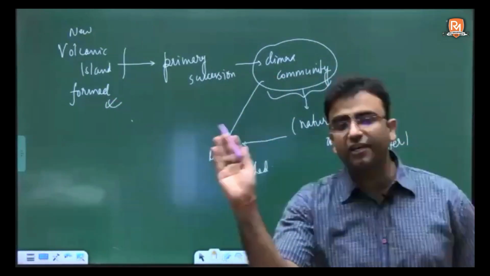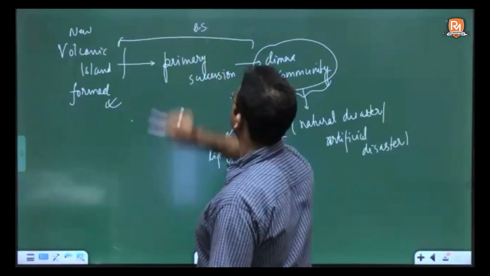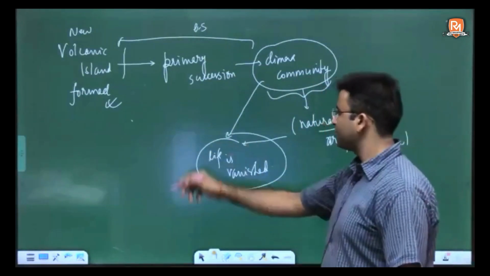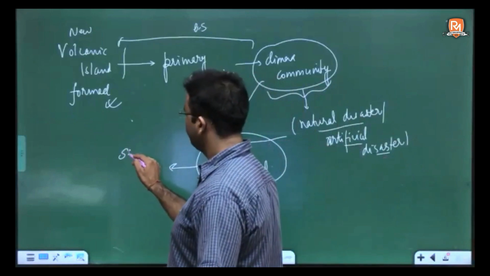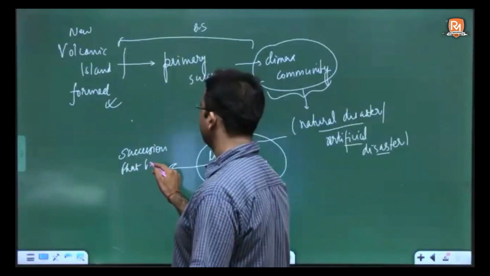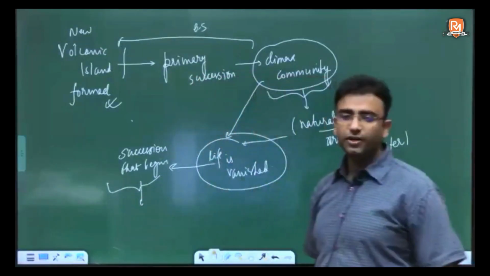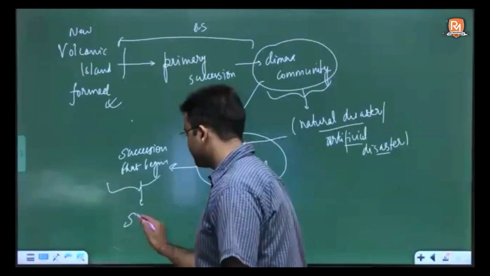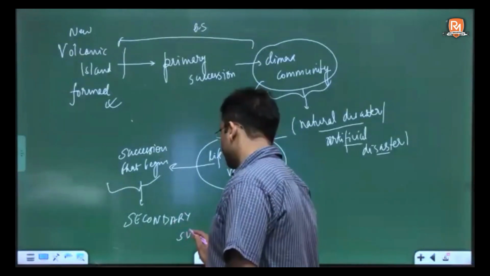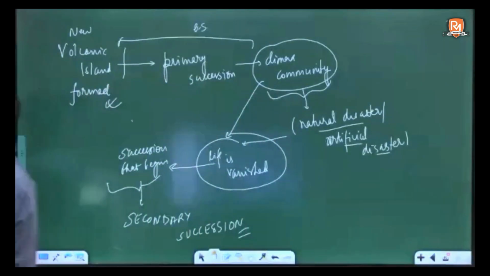The land is not destroyed, only life has gone. So this is primary succession. Now, because of a natural or artificial disaster, life is vanished. Now the succession that begins, what is it known as? Very good. This is known as secondary succession.